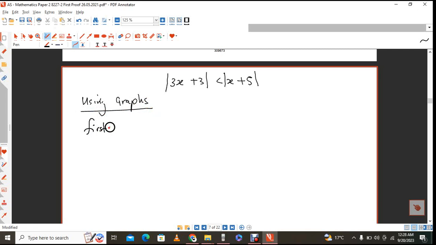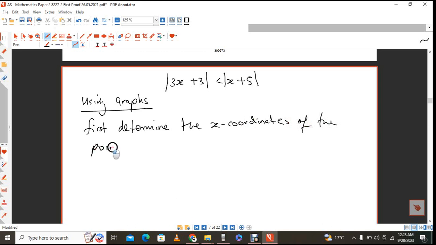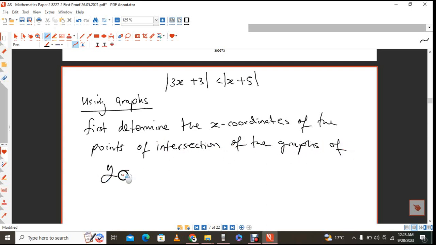The first thing, you have to determine the x coordinates of the points of intersection of the graphs of, let's say, y equals the absolute value of 3x plus 3 and y equals the absolute value of x plus 5.